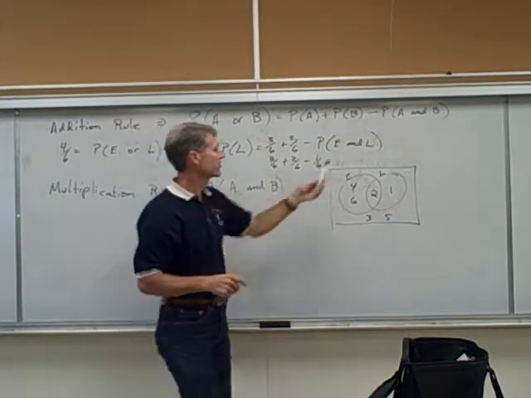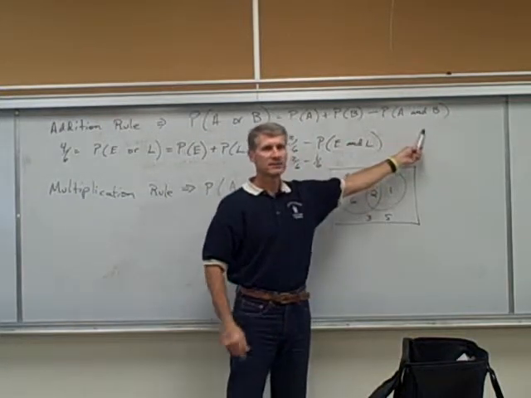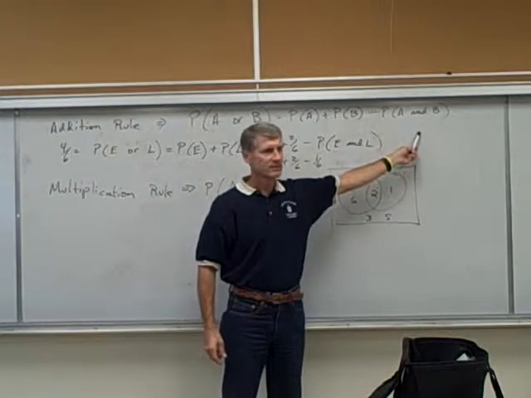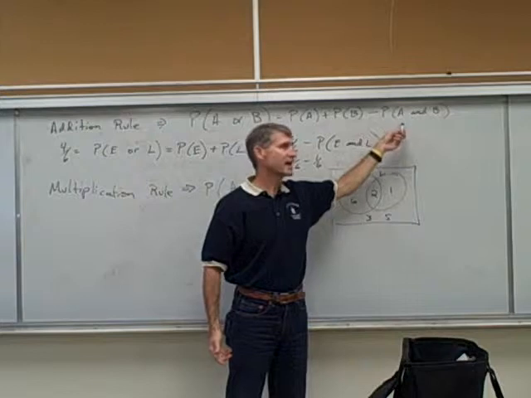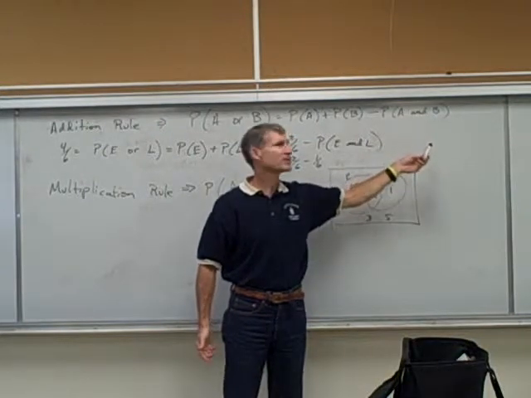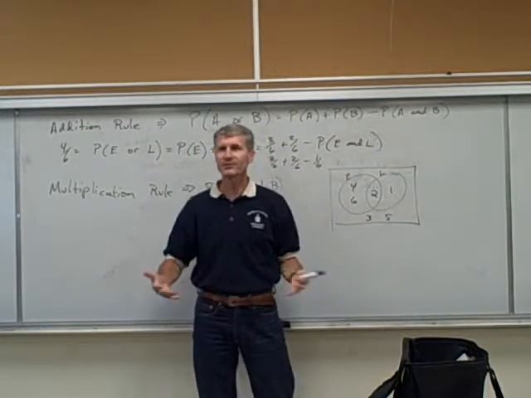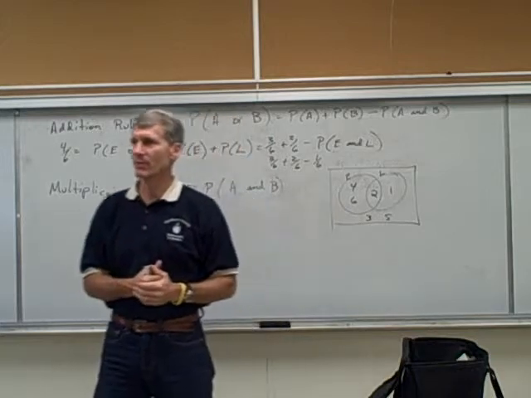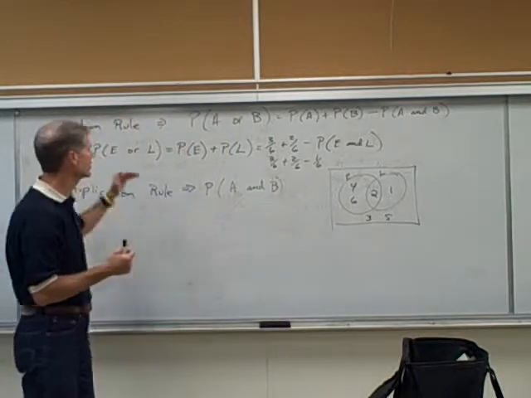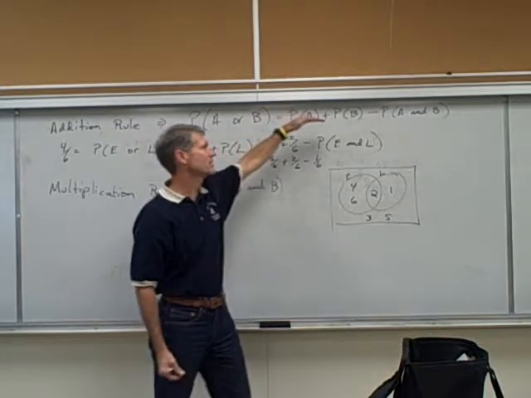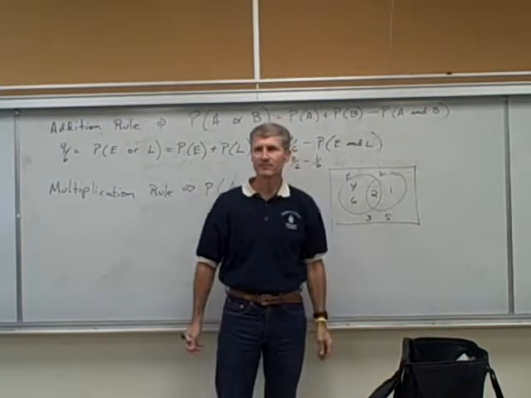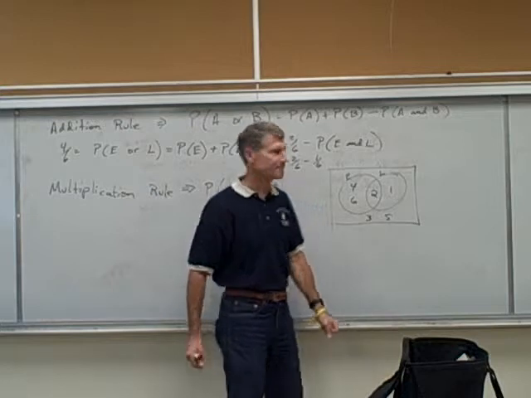So if they're disjoint, what's this probability? 0. You can't get something that's in A and in B at the same time, so this part's 0. So it defaults to the one from before. So you don't need to remember 2 addition rules. Just remember this one, and then if they do happen to be disjoint, this part will be 0 and you'll be fine. All right?